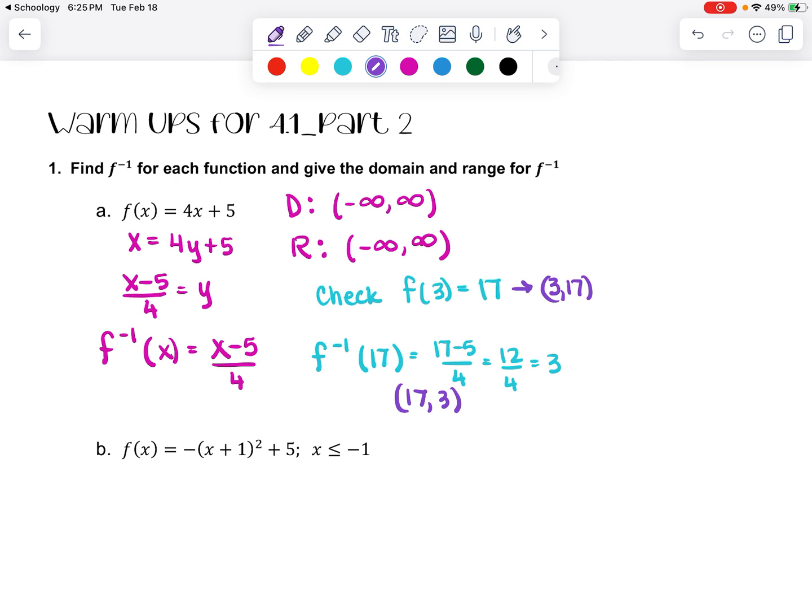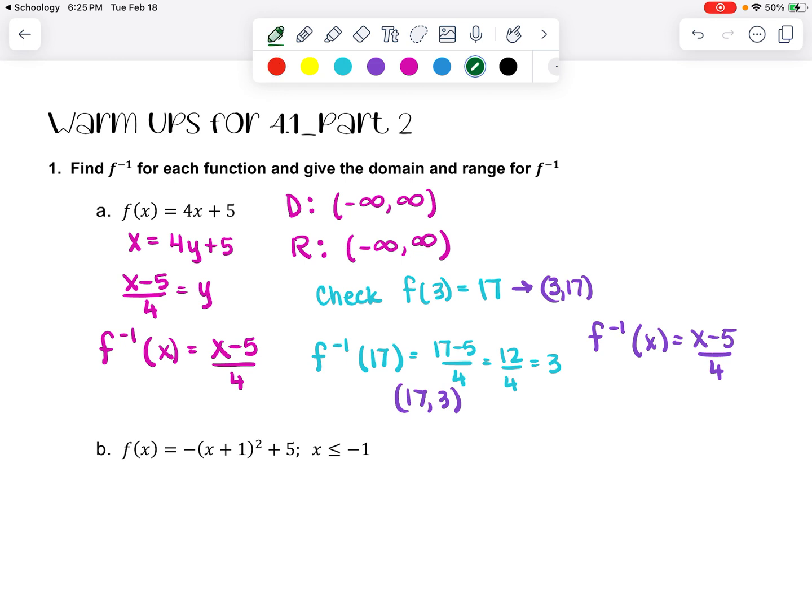Now, as far as the domain and range of your inverse, I'm going to rewrite f⁻¹ of x is equal to (x minus 5) over 4. Since we're switching x's and y's here, it doesn't make a difference.